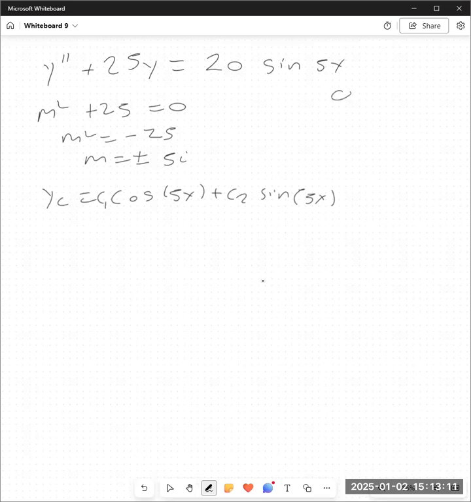My alpha here is 0, my beta here is 5, making my differential operator d squared plus 25, which is the same as this factor that's already over here.